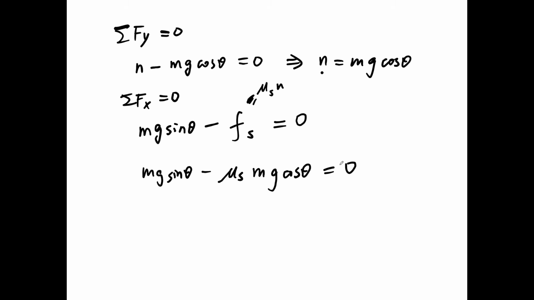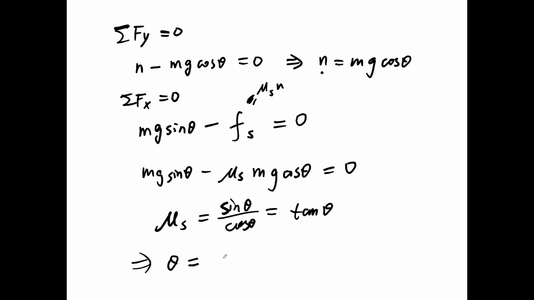Now we can solve for mu s from this equation. Mu s is sine theta divided by cosine theta, which is tangent theta. So the maximum angle we can have is tangent inverse mu s. And mu s is 0.35, so the angle is roughly 19 degrees.